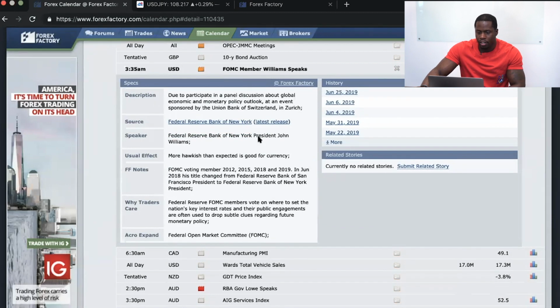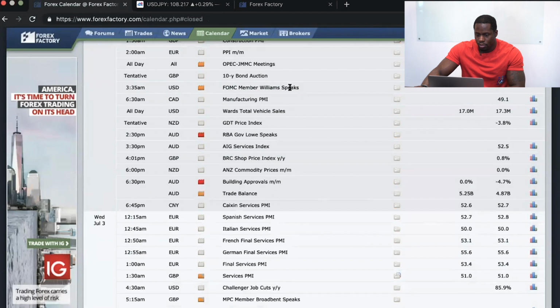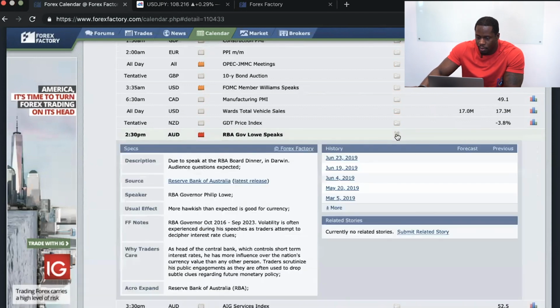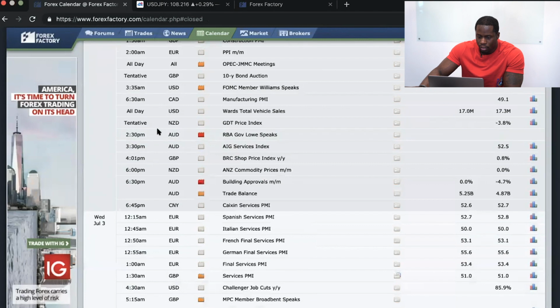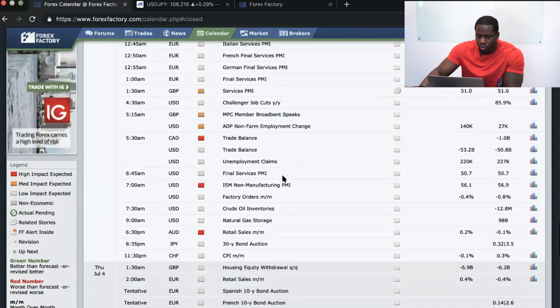So we have more hawkish than expected. With Williams speaking, this is going to be really crucial. It's going to really impact a lot of these pairs that we're going to be looking at. And then we have the governor speaking as well. So AUD is really going to be the move for this week.